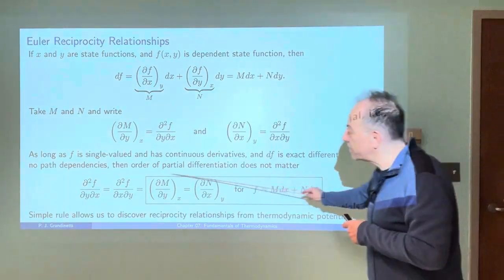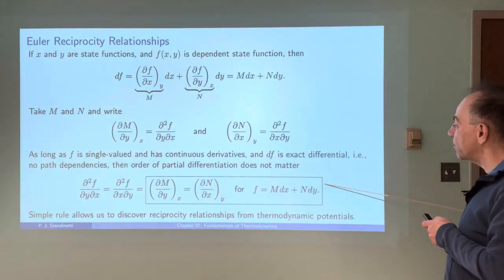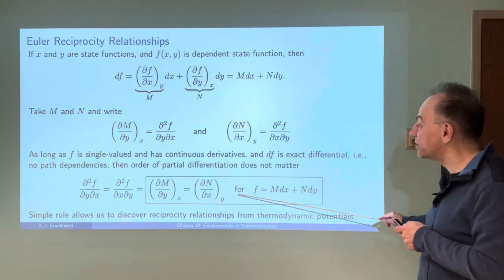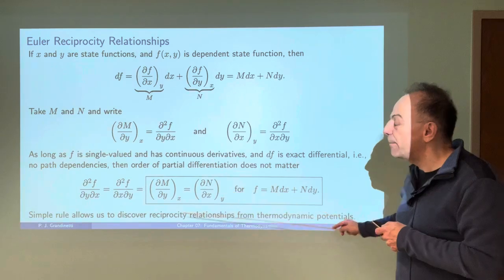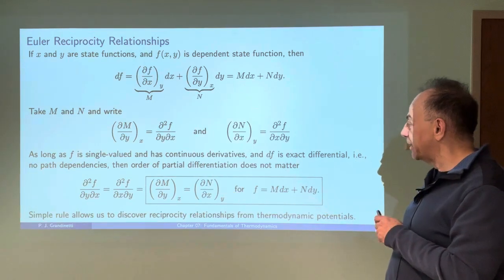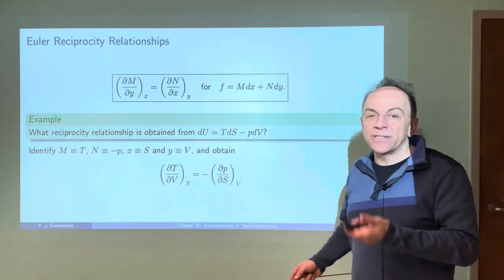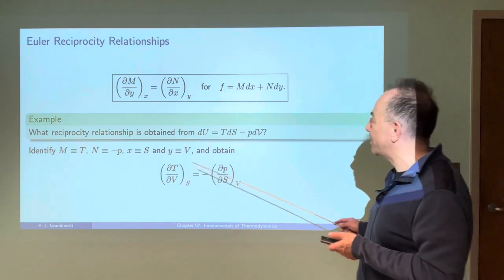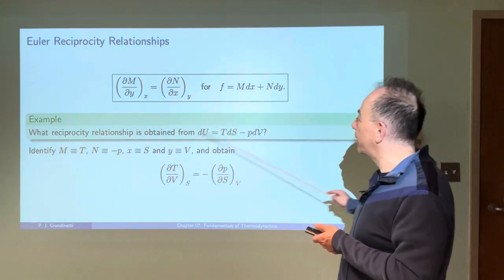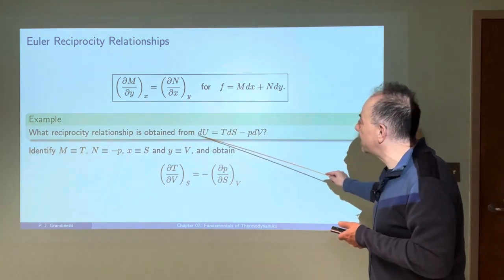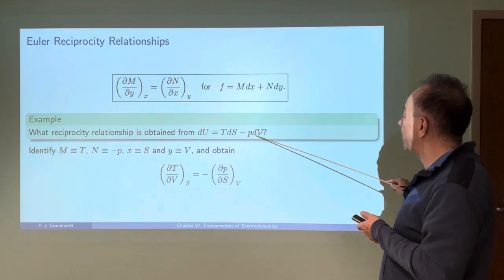So this is just a simple proof to tell us that we can go back to our thermodynamic expressions and we can find relationships between these partial derivatives. So these are what help us discover what are called Maxwell's relationships. So when you have this general rule here, you might have an expression like this: dU is equal to T dS minus P dV.